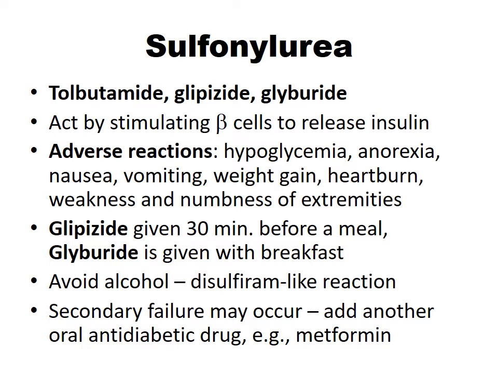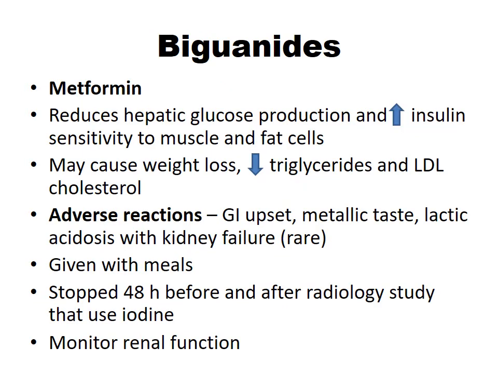If the blood glucose level is normalized with sulfonylurea, it's okay. If not, add another oral antidiabetic drug such as biguanides. This group includes metformin. It acts to reduce hepatic glucose production and increase insulin sensitivity in the muscle and fat cells.